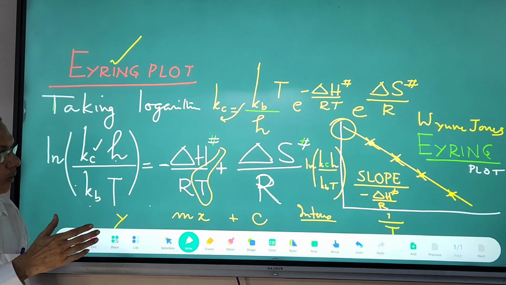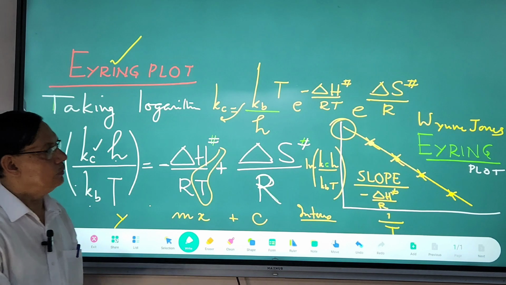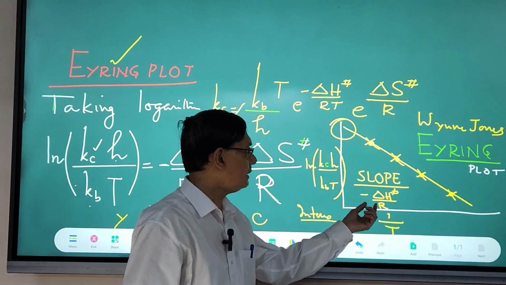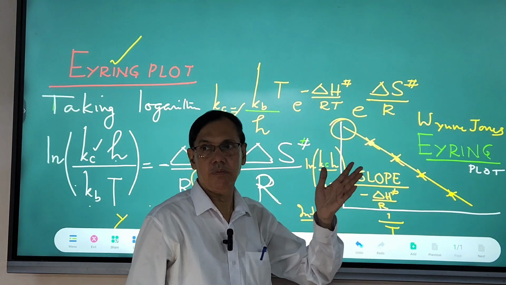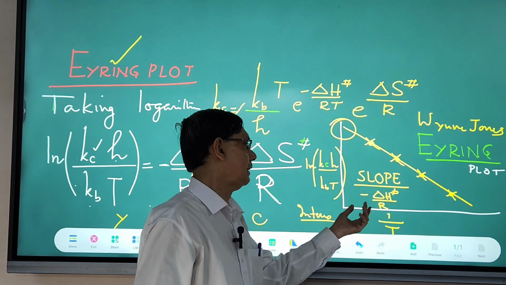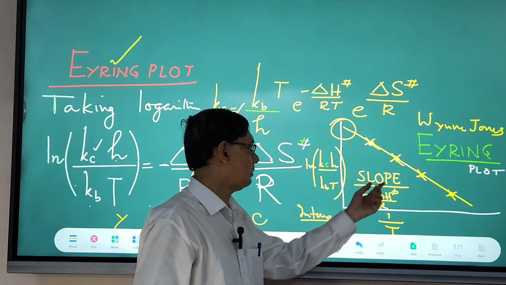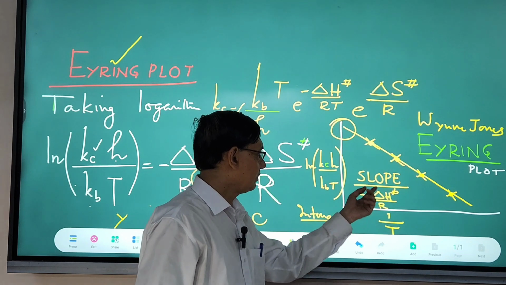So we will take a plot, and from that plot we can determine the delta H as well as the delta S, that is called the standard entropy of activation.